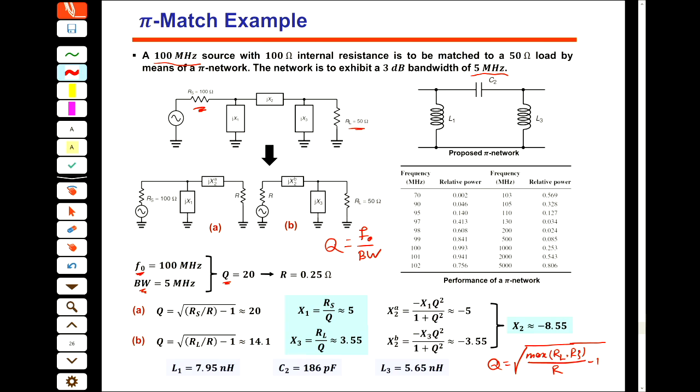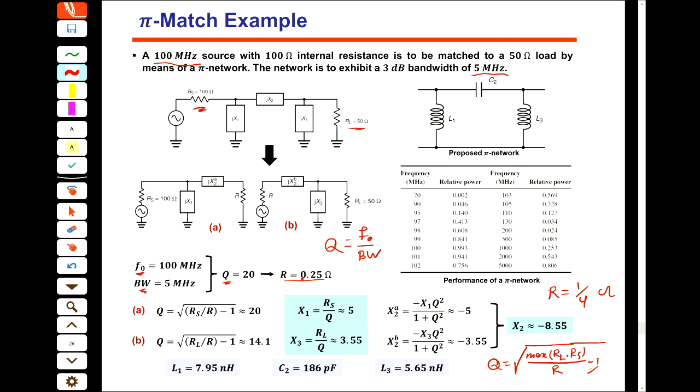So the maximum of RL and RS is 100 ohm. 100 ohm divided by something, minus 1, the square root of that should be 20. The square root of 400 is 20. So that something should be 1 over 4. So the R then equals 1 over 4. Okay, so we find the R.